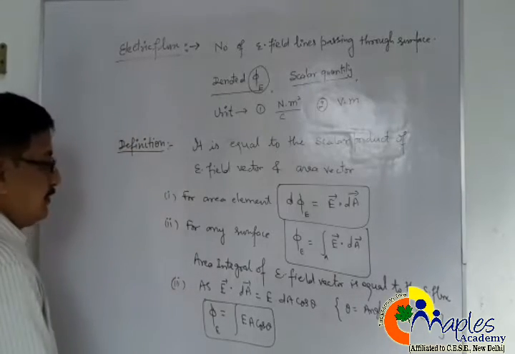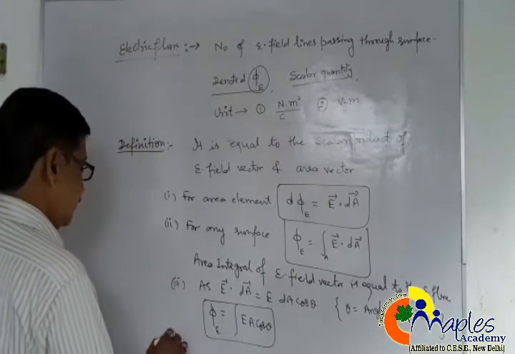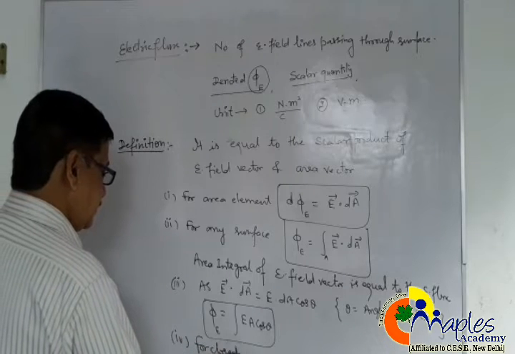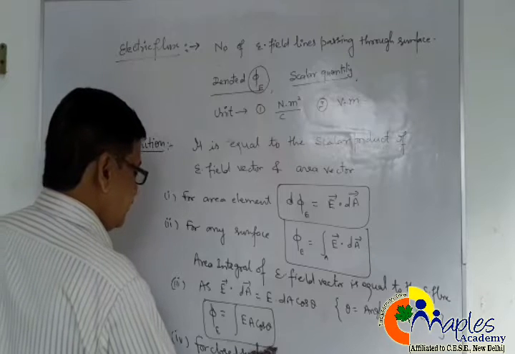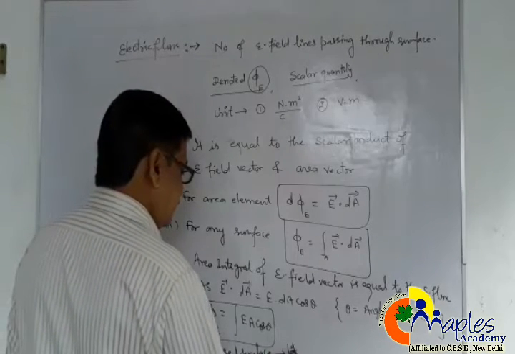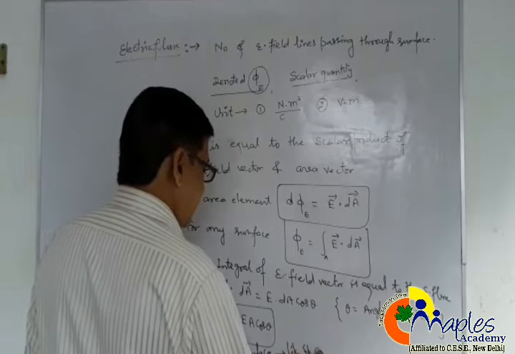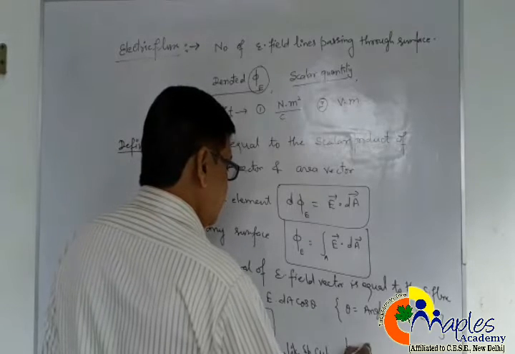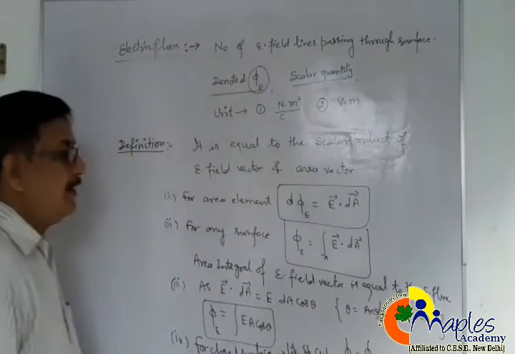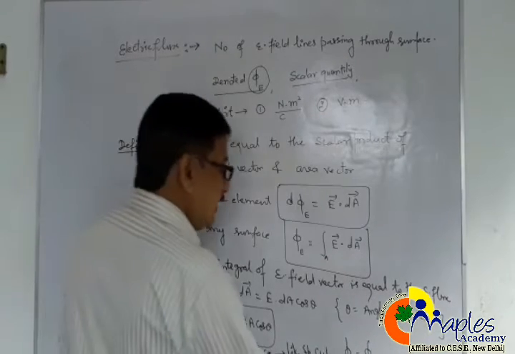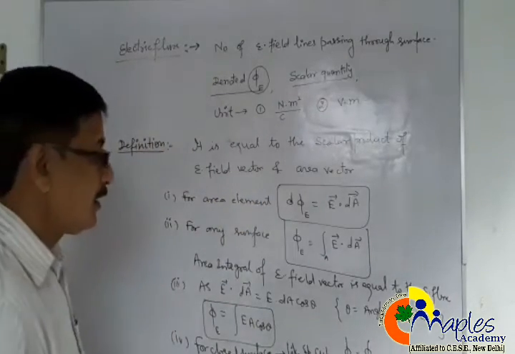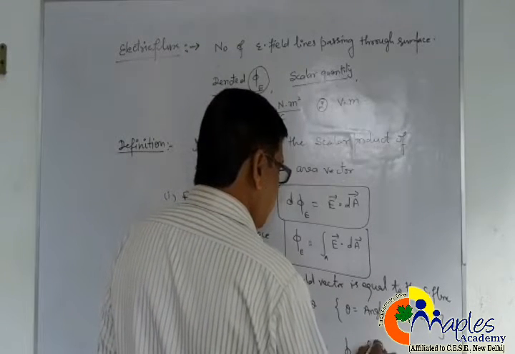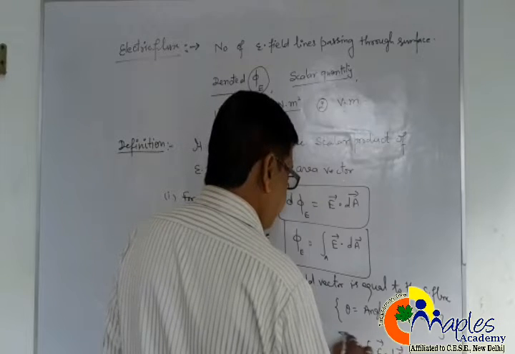Number 4, for a closed surface. Closed surface means like sphere, like cube, etc. It may be written as integration over the closed surface, this is the sign of integration over a closed surface, of E vector dot dA vector.